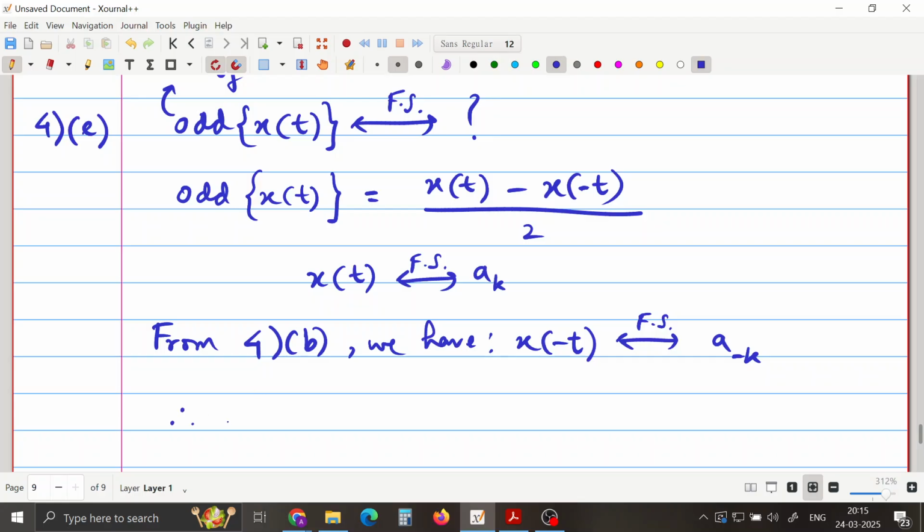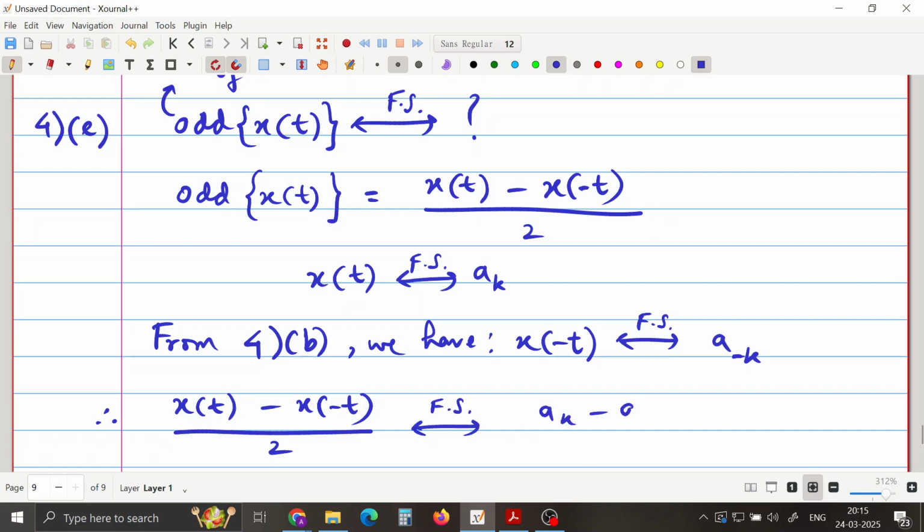Therefore, x of t minus x of minus t divided by 2, which is the odd part of x of t, will have a Fourier series coefficient ak minus a minus k divided by 2.